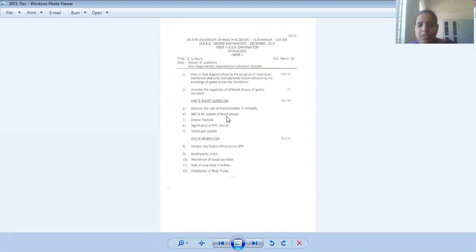A surface antigen is A, so the corresponding antibody present in the blood is B, and vice versa. AB has both antigens on the surface, so no antibody in the blood. O has no antigens, so in the blood we have both A and B antibodies. That's the reason O is universal donor and AB is universal recipient, because AB has no antibodies in the blood.